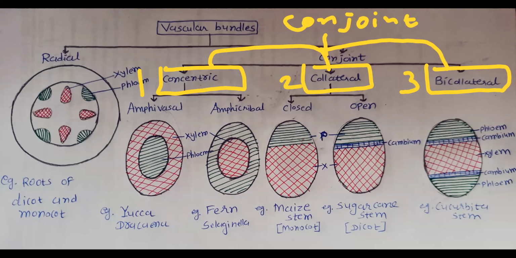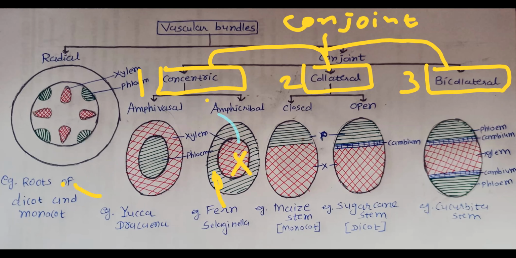But for example, if we discuss about the concentric pattern, the one in which, as you can see, one type of conducting tissue encircles other. जैसे एम्फी वेसल में xylem encircles phloem. In amphicribal, phloem encircles xylem.